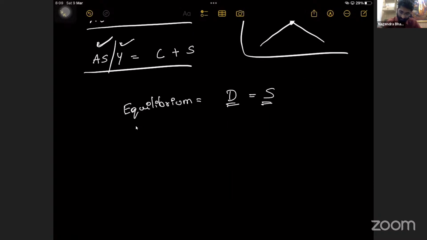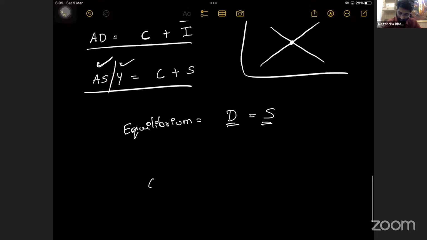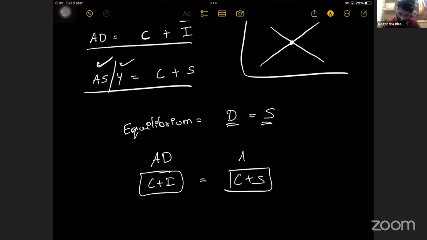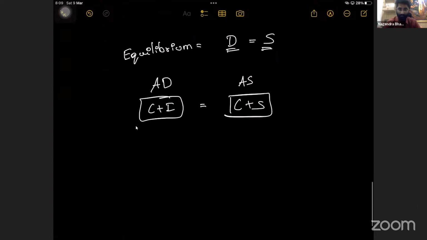Aggregate demand is C plus I, which is equal to C plus S, which is aggregate supply.